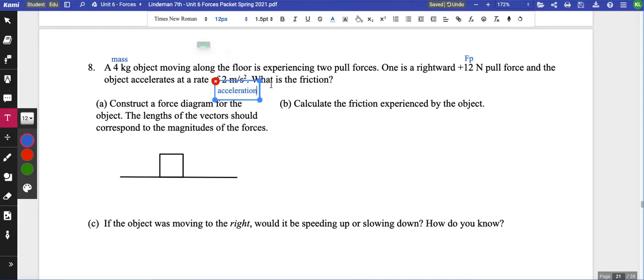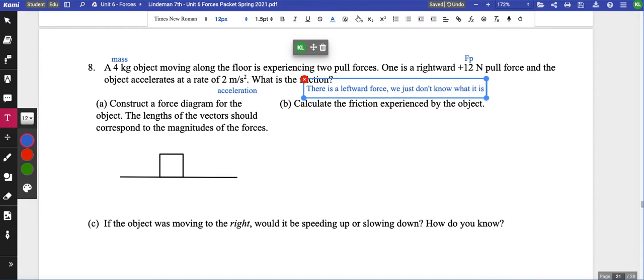So I also have my acceleration. What is the friction? So this tells me that there is a leftward force. We just don't know it yet.